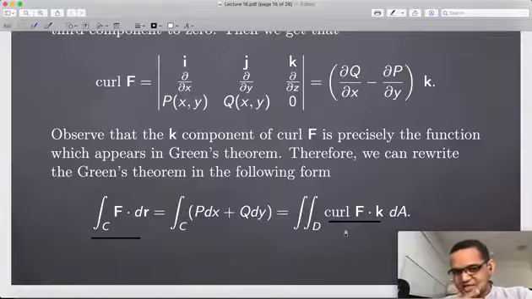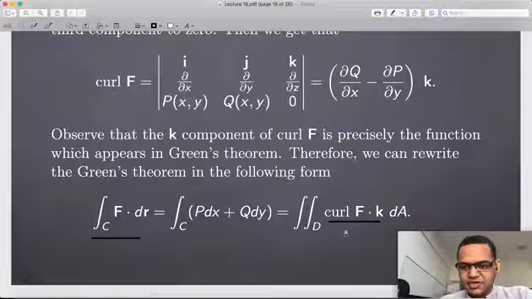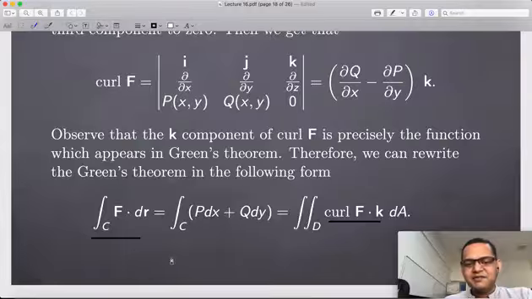So this is how you can express Green's theorem in terms of vector notation. And once I tell you what this curl is doing, then we will have a physical interpretation of Green's theorem also.